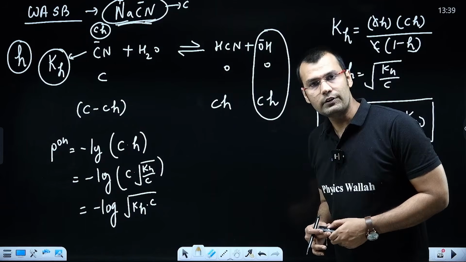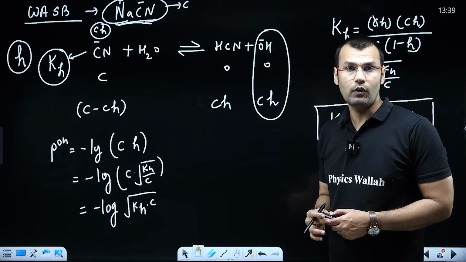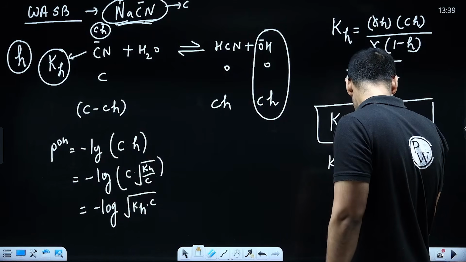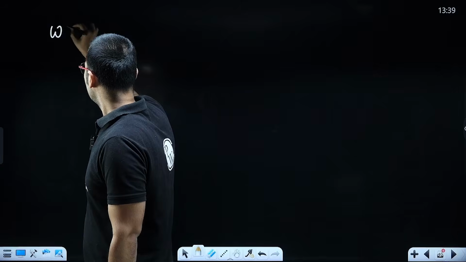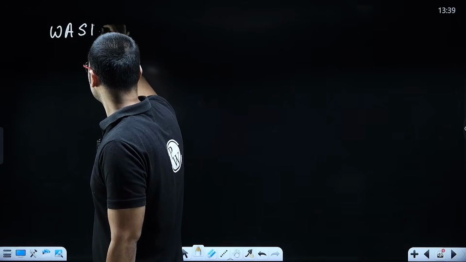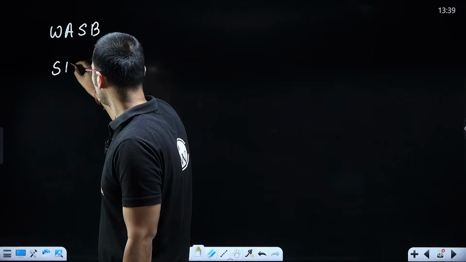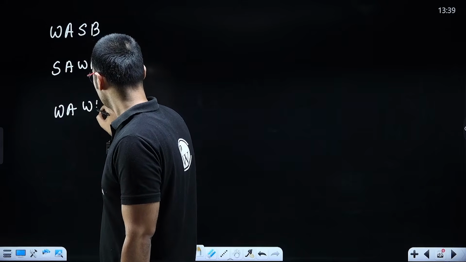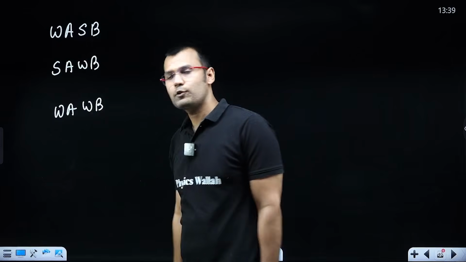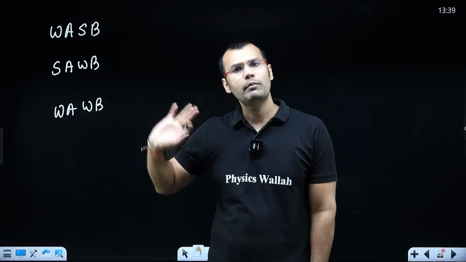So for salts, especially the pH of salt, please memorize the formula with some trick. I have a trick for you, please listen. You have a salt of weak acid strong base, a salt of strong acid weak base, and a salt of weak acid weak base. We are not writing strong acid strong base, because for that salt pH will always be 7.